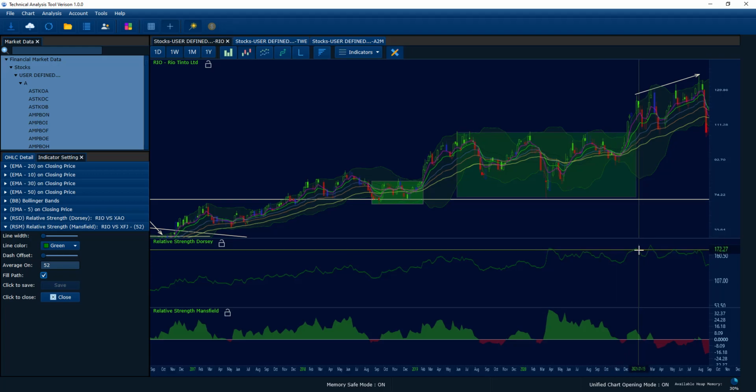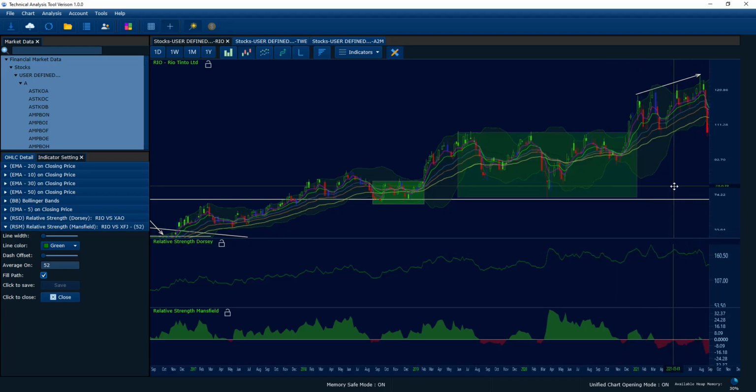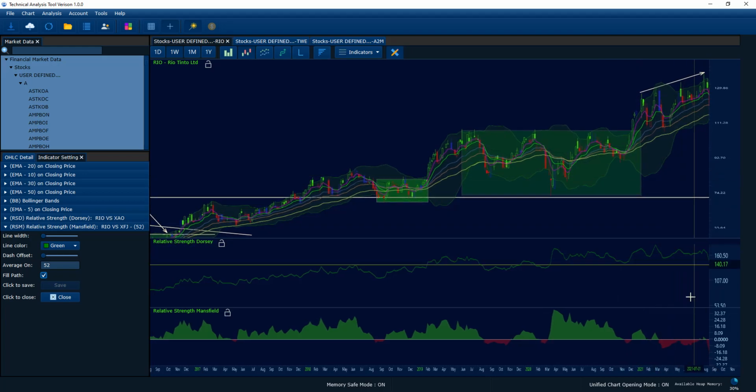When the share price moves higher, the RSM stays flat, and when the share price creates a higher high, the RSM is most of the time in red. That's weird. Why? Because you have a breakout, right? After the breakout, the price does create a higher high, but it underperforms the market.